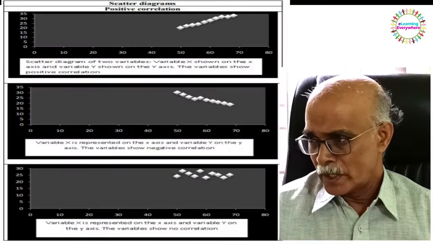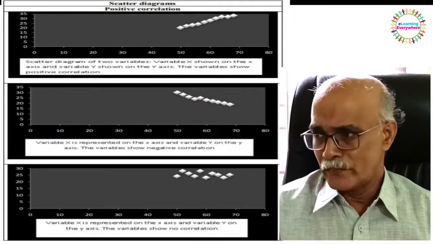And correlation is just the relationship between different variables, and the relationship may be positive and perfect, or positive and imperfect, negative and perfect, or negative and imperfect. One very useful method of representing variation is in the form of scatter diagrams.